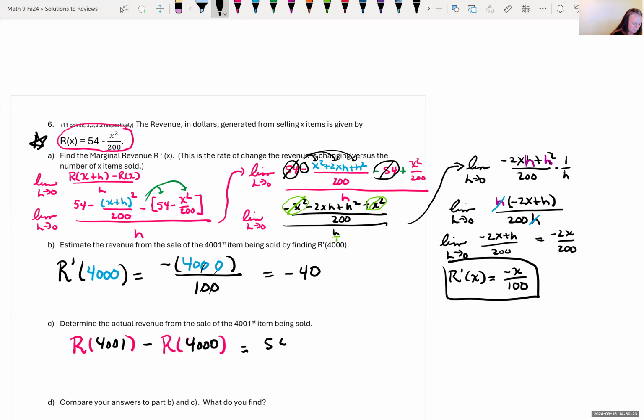So we have 54 minus 4,001 quantity squared over 200, minus, put brackets around the whole thing, 54 minus 4,000 quantity squared all over 200.